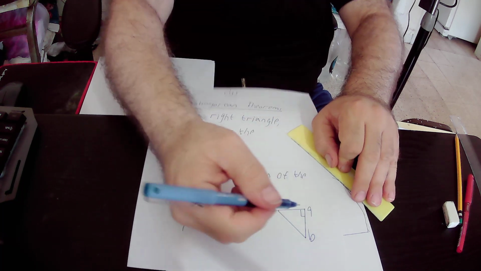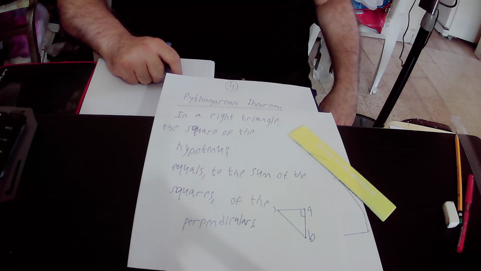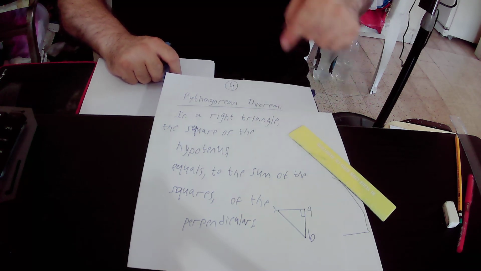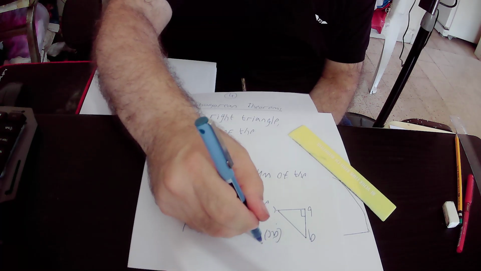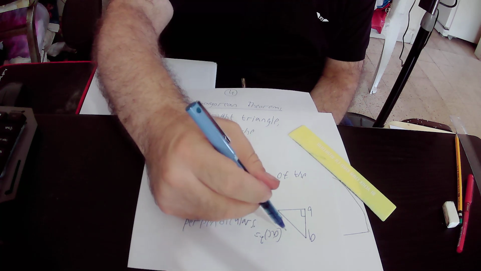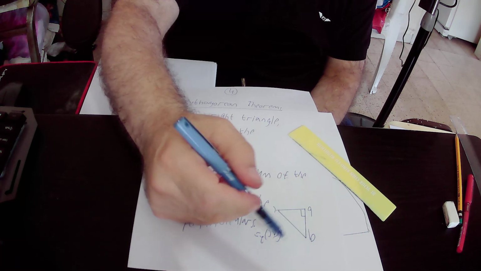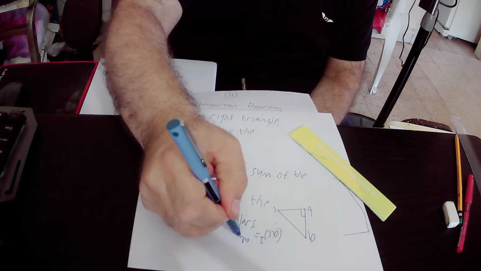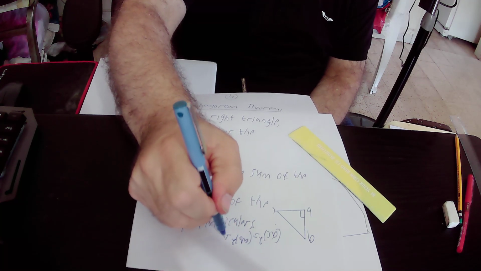ABC, then the Pythagorean theorem states that AC square, the square of the hypotenuse in this triangle is AC, so AC square equals the sum of the squares of the perpendiculars, that is to say AB square plus BC square.